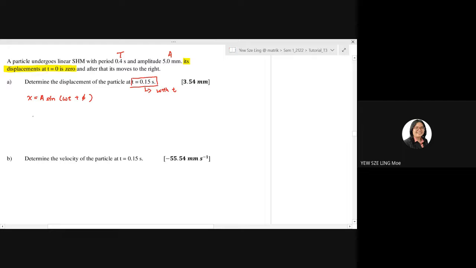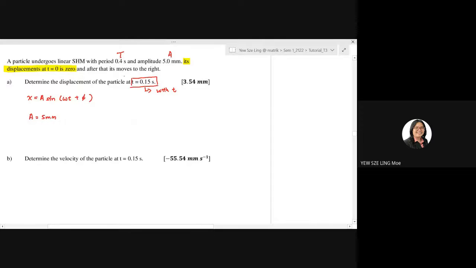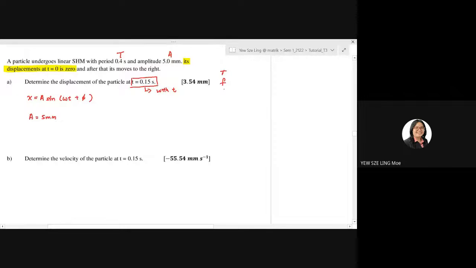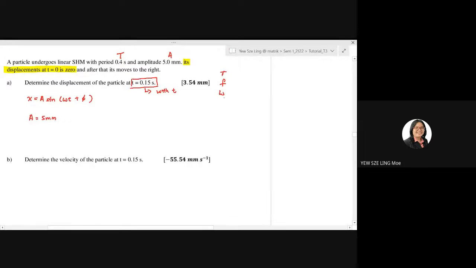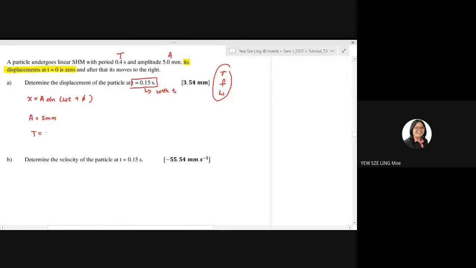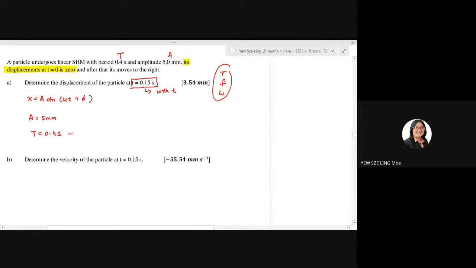Given A, the question gives us A equals 5 mm, but then the question gives us the period. We don't have omega. So always remember, T, f, and omega, they are one family. So from here, we have T equals 0.4 second, and from here we can determine omega.